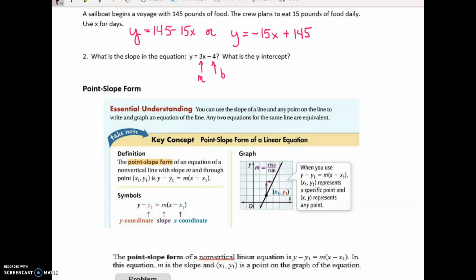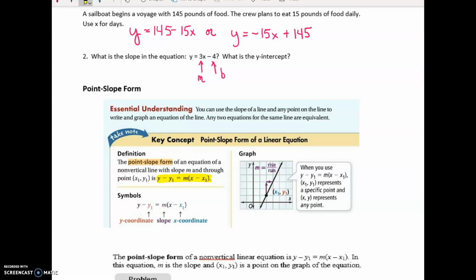So the definition, the point slope form of an equation is basically this little formula here. So you're going to need to become familiar with this. And what we need is to have the slope and one of the points on the graph.